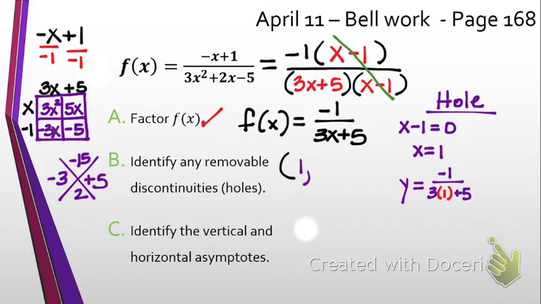So go ahead and type that in your calculators. And then just leave your answer as a fraction. So you should get negative 1 over 8. So that would be your final answer.